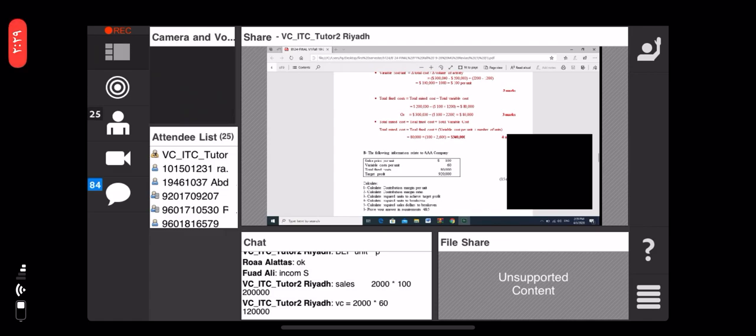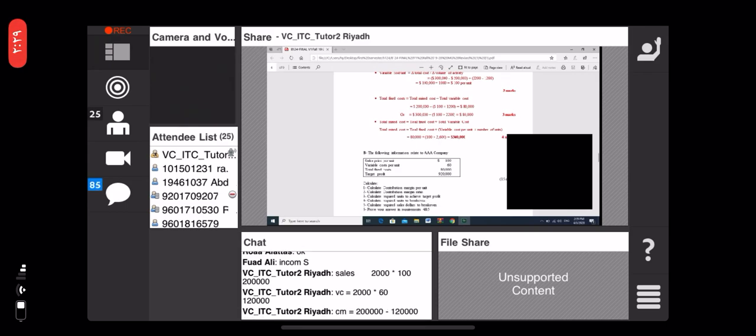Now sales minus the variable cost will be equal contribution margin. So contribution margin means 200,000 minus 120,000. So contribution margin will be equal 80,000.